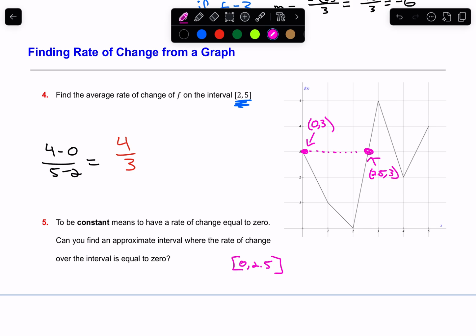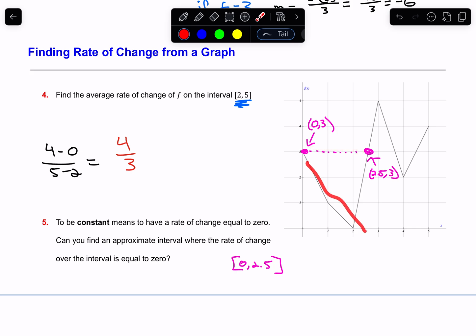So imagine this is the number of puppies you own, okay? If you have 3 puppies, and then you get rid of 2 of them, and you get rid of 1 more, and now you have 0 puppies, but then you adopt 3 more. Well, from the starting point to the end point, you went from having 3 puppies to having 3 puppies again. So it's as if there was no change from (0, 3) to (2.5, 3).